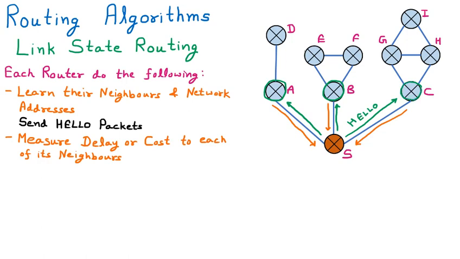Now it is time to find out the cost to reach each router, because if we are sending data, S should be aware which router is the nearest, and which, maybe C, is very far. So this type of information S should be aware of. The second step is to find out the cost to reach the neighbors.